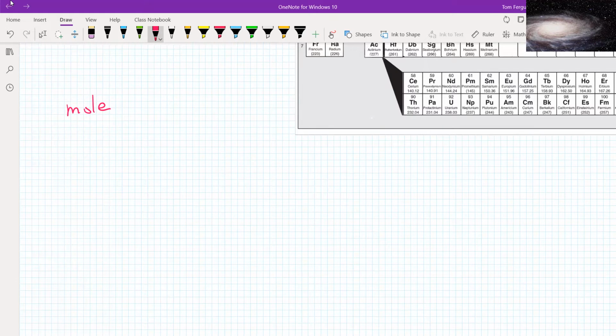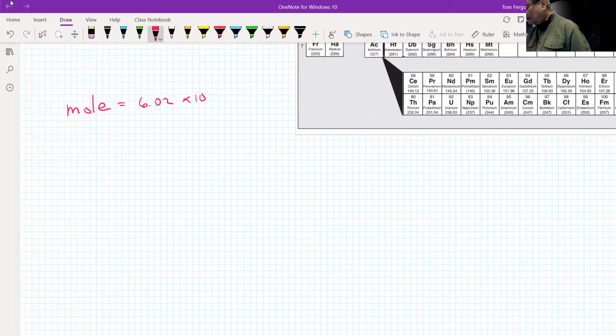Yeah. So how many is it? Like how many atoms is it? Or is it not defined? No, it is defined. Okay, so a mole is equal to that number, 6.02 times 10 to the 23rd. So it's a really big number. Now, because it's a really big number, that means atoms and molecules are really small.